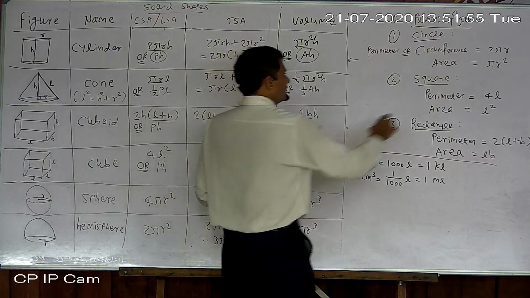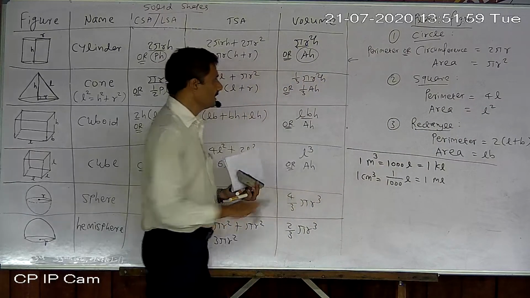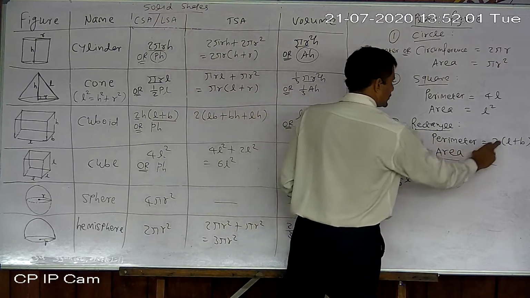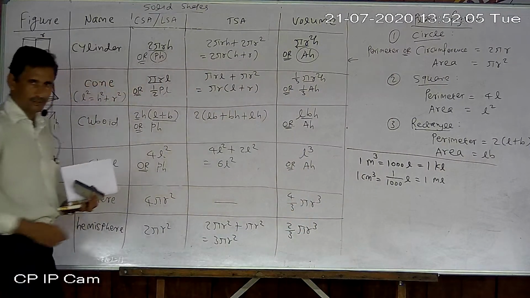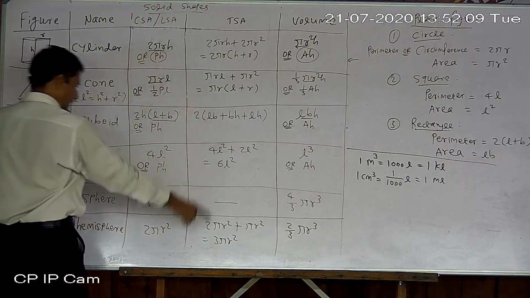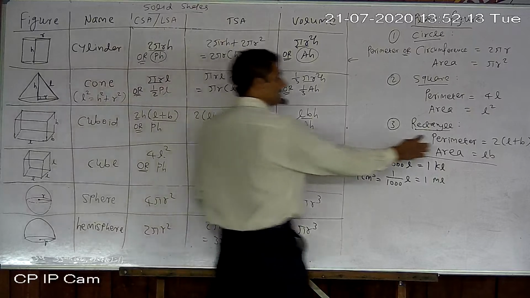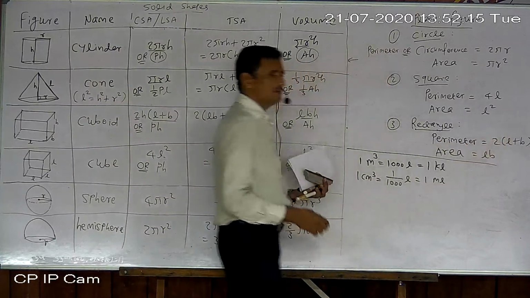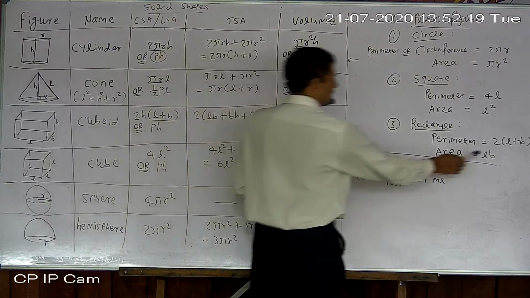Okay, so the perimeter is 4L and the area is L square. For a rectangle, the perimeter is 2 times L plus B. You can see this board is rectangular, meaning the shape is a rectangle. 2 times length comes and 2 times breadth, so its perimeter becomes twice L plus twice B. 2 is taken common, and the area is L into B.